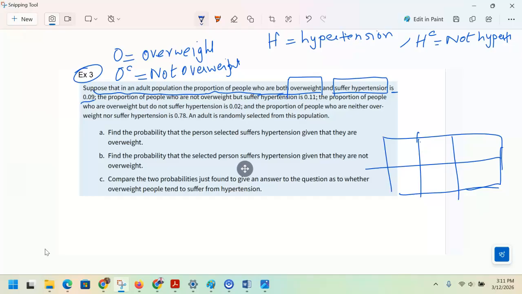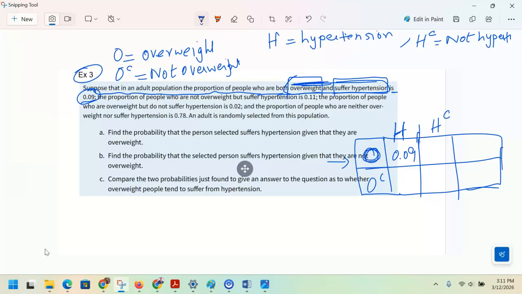So we can think of a person suffering from hypertension and not suffering from hypertension, and a person who is overweight and who is not overweight. So this is kind of organizing the data. What this says is that for a person who is overweight and has hypertension, the probability is given to you as 0.09.